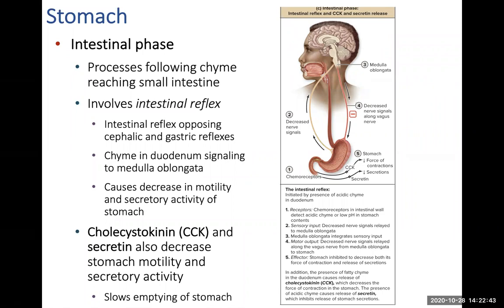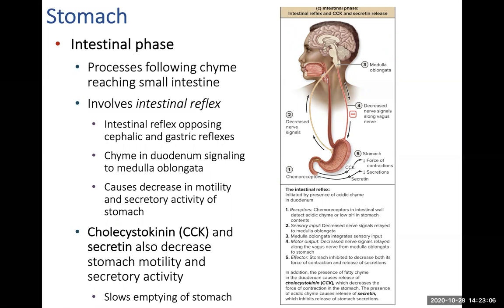And that's really important because when the pyloric sphincter opens and the stomach moves chyme into the duodenum, you now want activity in the duodenum to occur so that the chyme can be neutralized, and also so that chemical digestion of the macromolecules found in the chyme can occur.